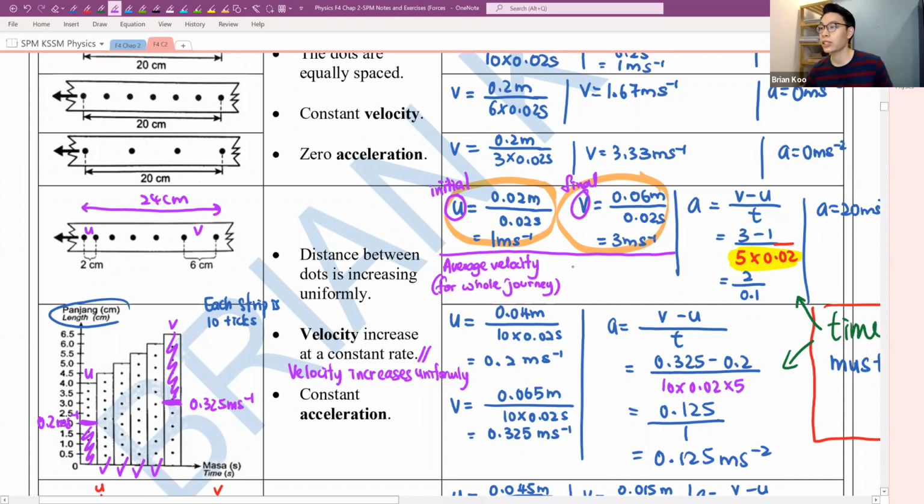So for average velocity, how to find velocity for the whole thing? 24 cm or 0.24 meters divided by how many ticks do you have? 1, 2, 3, 4, 5, 6. 6 ticks. The total time taken to reach from the first point to the last point needs 6 ticks. 6 times 0.02. This is not finding acceleration, so don't minus 1. Only acceleration minus 1.